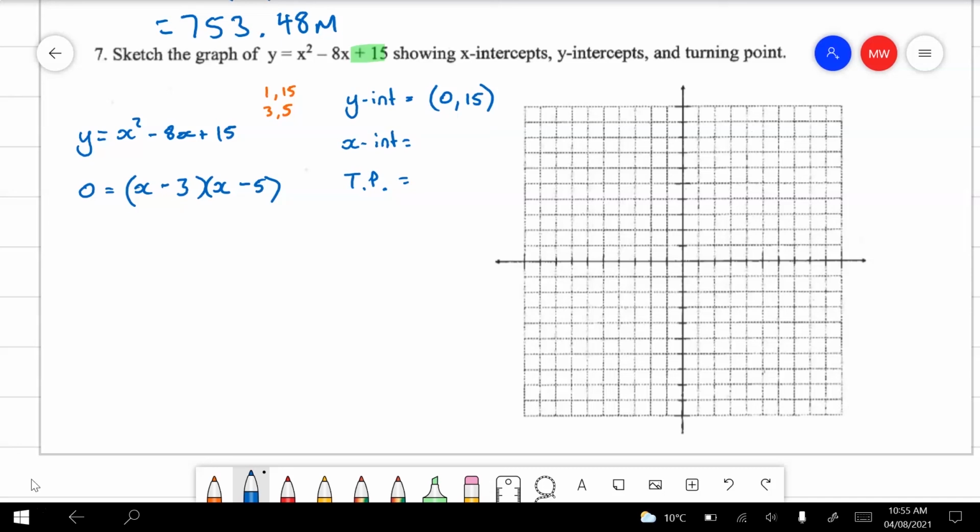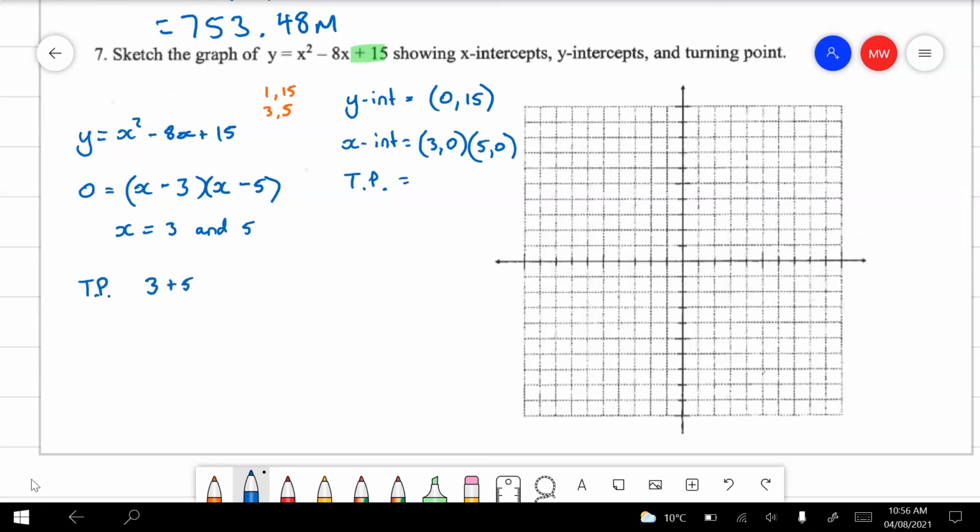So I've successfully factorised that, which means that my x values are positive 3 and positive 5. So that means that my x-intercepts are when x is 3, y is 0, and when x is 5, y is 0. I just need my turning point. Now, a nice easy way to find the turning point is to find halfway between your x-intercepts as the x value of your turning point.